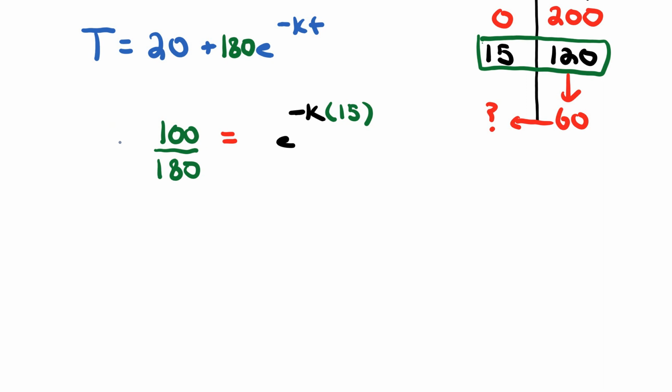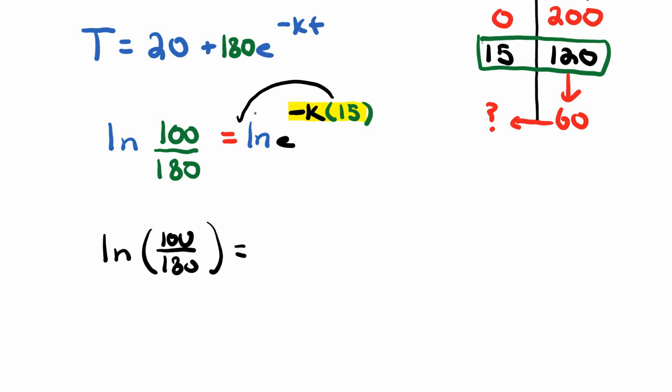So I'm going to ln this, and then I'm going to ln that. So my next line is ln of 100 over 180. I can take this part of the problem, negative k times 15, and I can kick that to the front. So that's going to be negative 15k times ln of e.